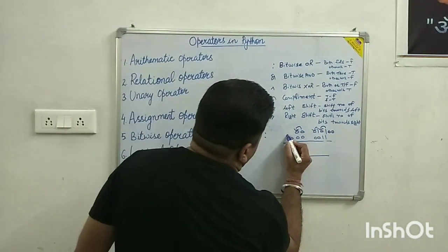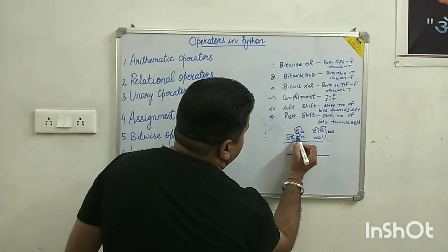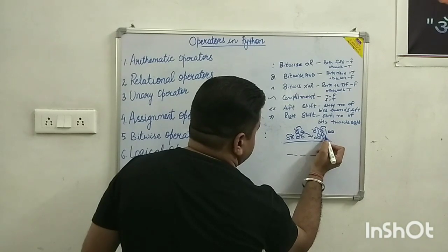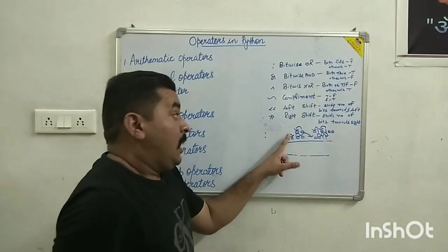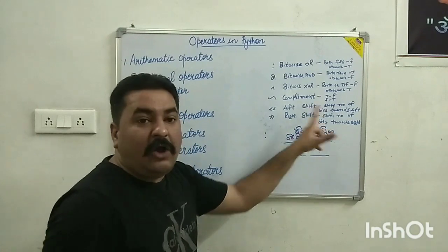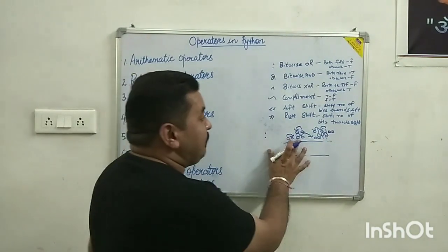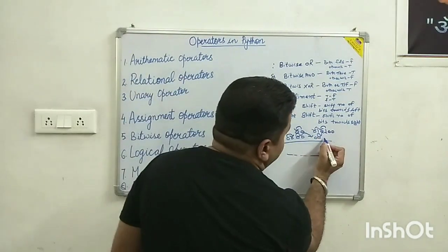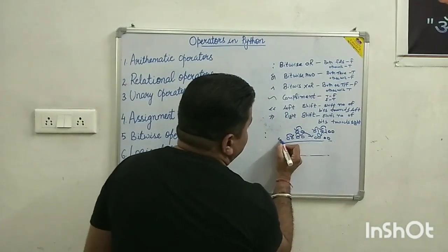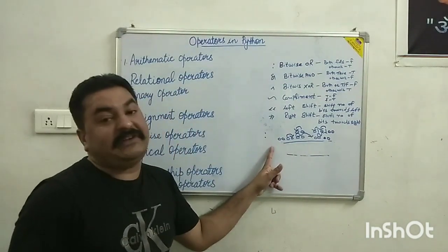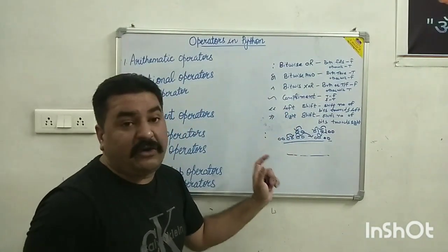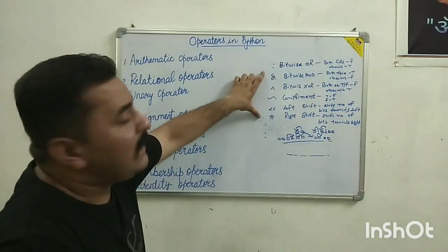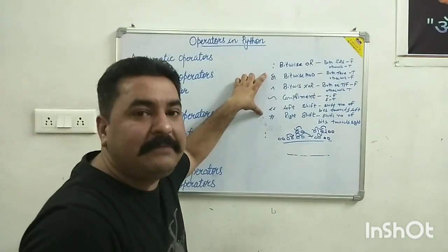If we shift the value of the variable to the right, we erase the two values from the right-hand side, and in their place we add two new 0s on the left-hand side. This is known as the right shift operator. With this we complete the bitwise operators.